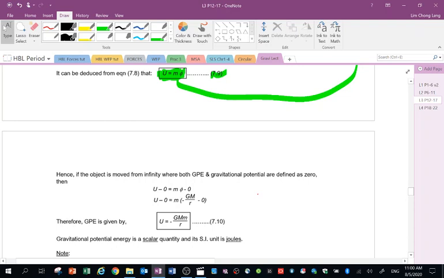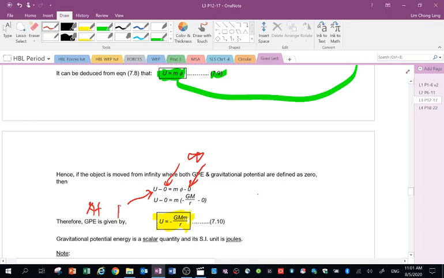You can see these two values are zero because they are values at infinity. At infinity, gravitational potential energy is zero, gravitational potential is zero. So as a result, we can derive this. Whereas this U value is the value at a certain point P.